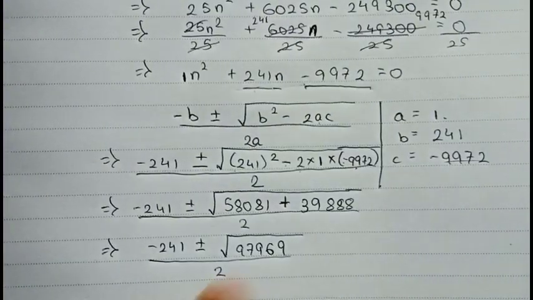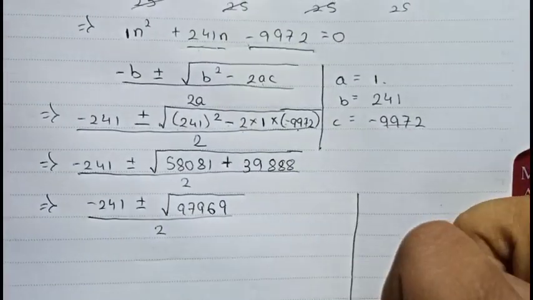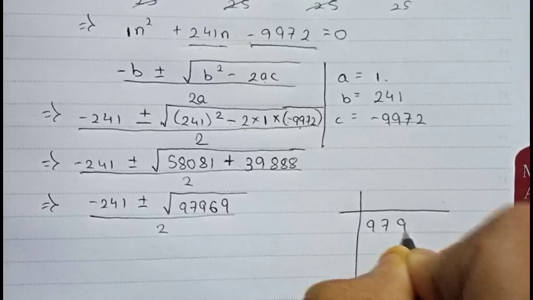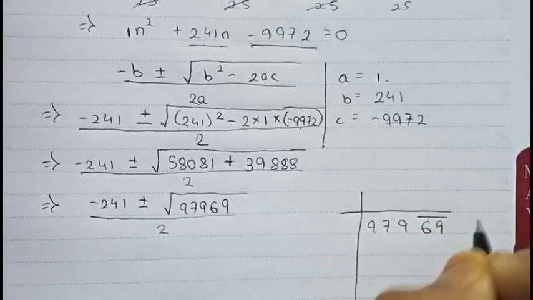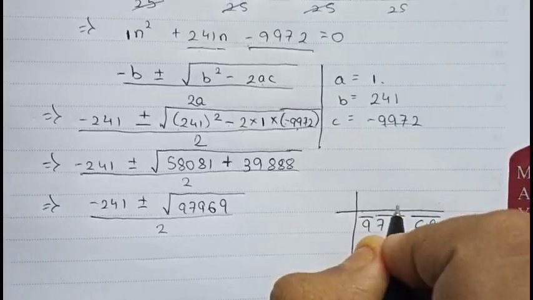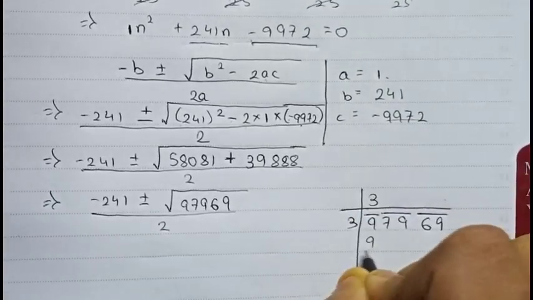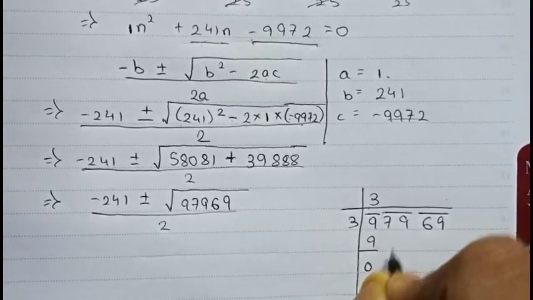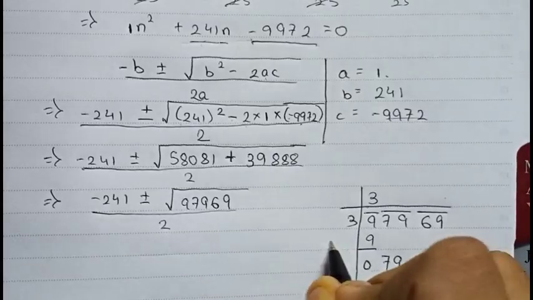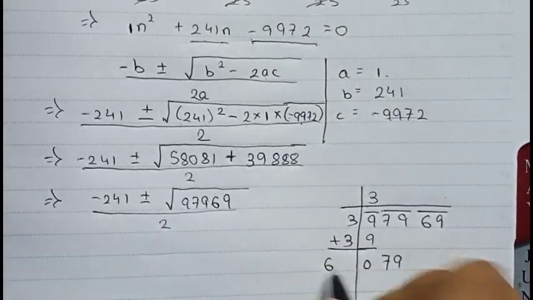So this root we will find out with the division method. 97969. So from the end we make pairs, so 9 is alone. So 3 3s are 9, here 0, and 79 will come down, 2 pairs coming down, so plus 3, so 3 plus 3 is 6.